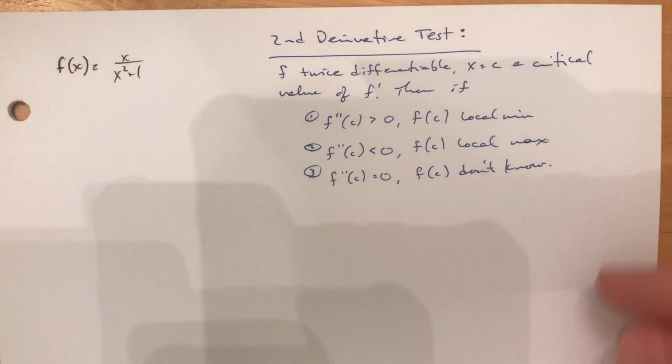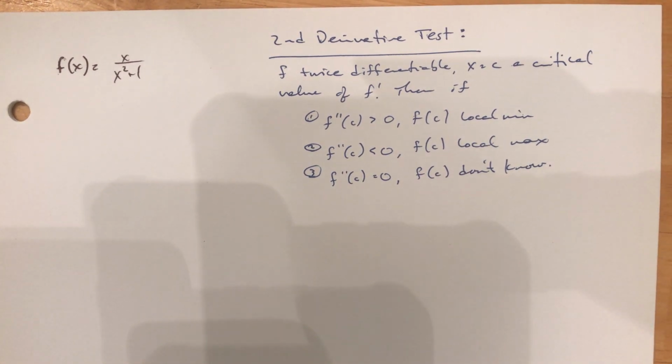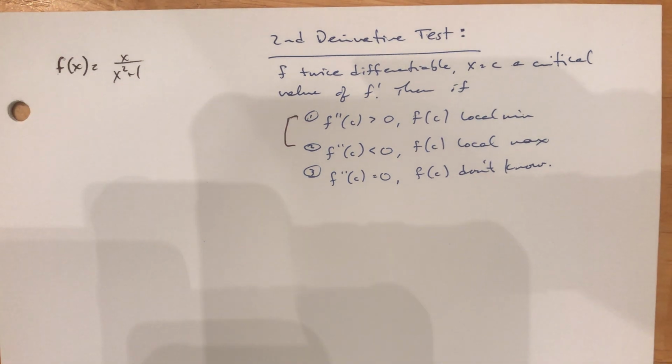We had examples where the second derivative was 0 but we had a relative maximum, an example where the second derivative was 0 but we still had a relative minimum, and an example where the second derivative was 0 where we had neither of those. Again, we really have no way of knowing, using the second derivative test, what's going on with the original function. Hopefully, we're going to stay in these first two cases and see what happens.